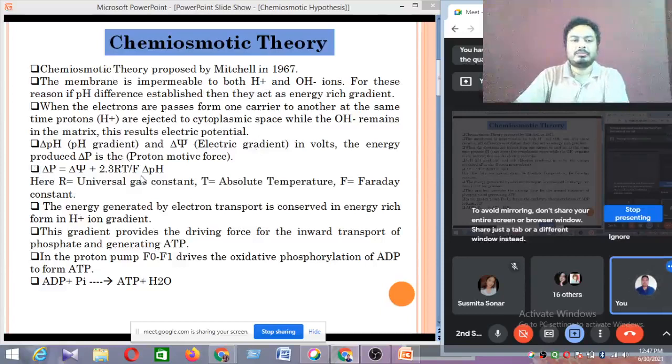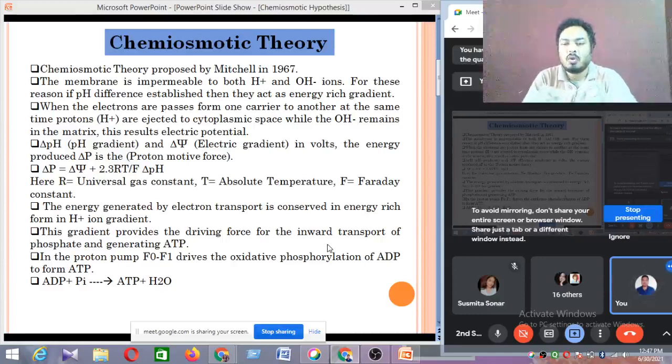Then you can see the energy generated by electron transport is conserved as energy rich form in the H plus ion gradient. I already said when this voltage difference occurs between the matrix and the perimembranous space, an electric current is generated.